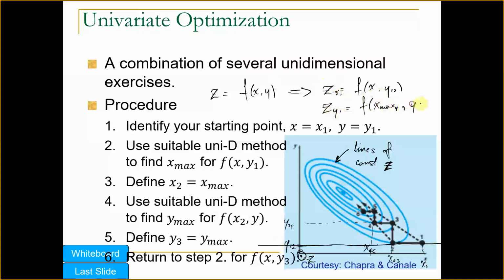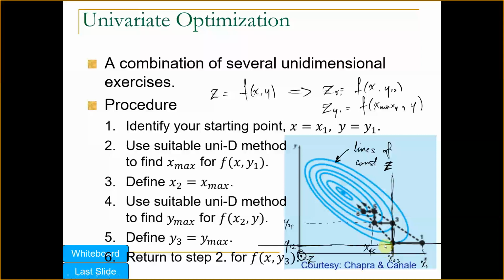And now y is a variable. And in this case, that is going to be this line. Right? And on this line, let's say I started here. The z is going to be low, and the z increases and increases, and then it reaches here. The z stops increasing and it starts going down again. So on that new line, I found where the maximum is.